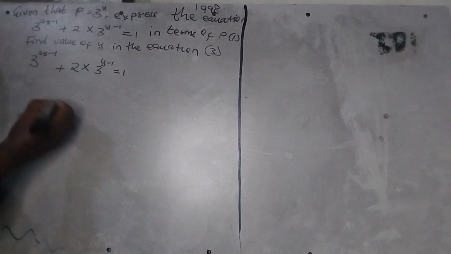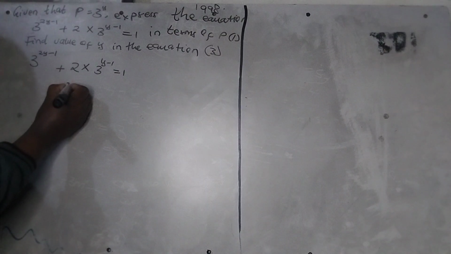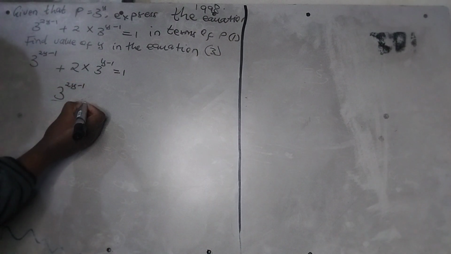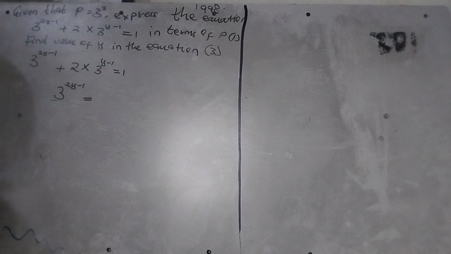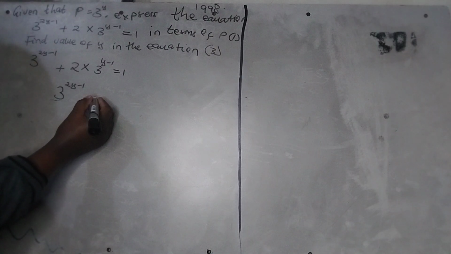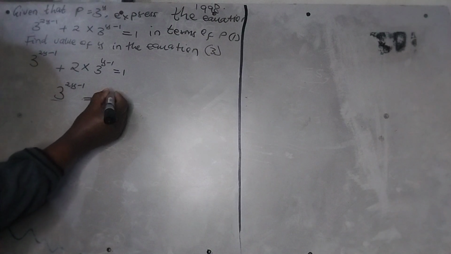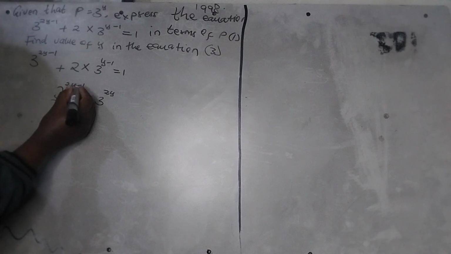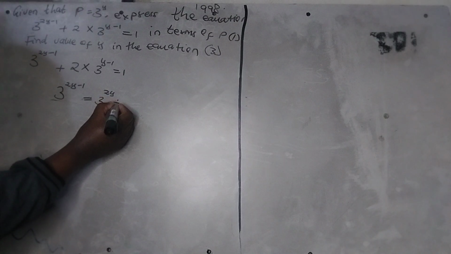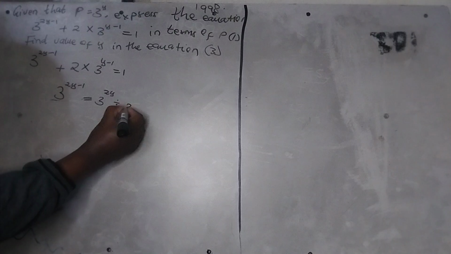For example, the 3 raised to power 2y minus 1 was derived from this: when you see an addition or a subtraction on the powers, it means that these numbers share the same base. What do I mean? 3 to power 2y minus 1 is the same as 3 to power 2y, now the minus is a division, divided by 3 to power 1.